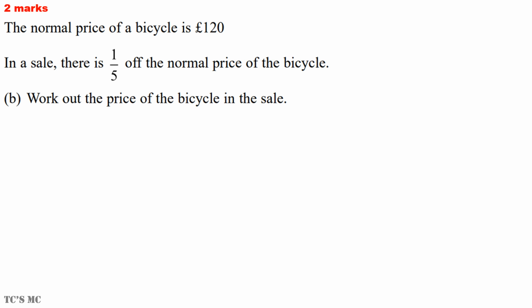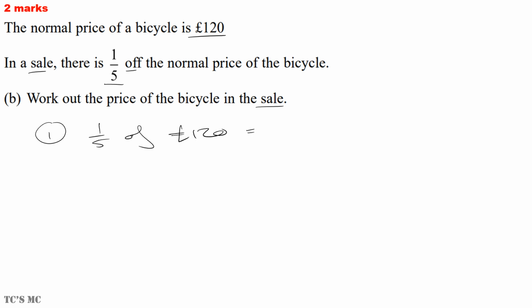The normal price of a bicycle is £120. In a sale, there is 1/5 off the normal price of the bicycle. Work out the price of the bicycle in the sale. So step 1 is to work out 1/5 of £120.